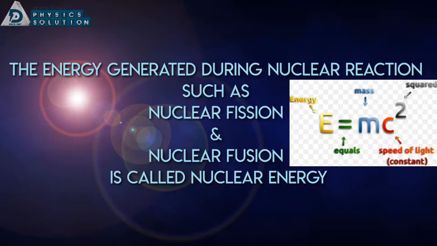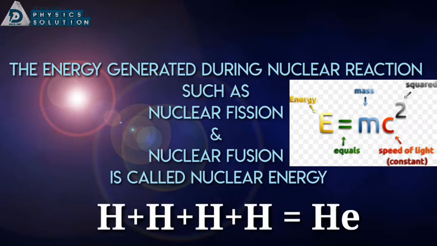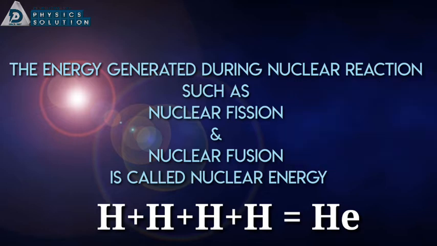Nuclear fusion takes place on the surface of the Sun, where 4 hydrogen nuclei combine to form one helium nucleus, in which the difference in mass is converted into a tremendous amount of energy. So this is called nuclear fusion that takes place on the surface of the Sun.